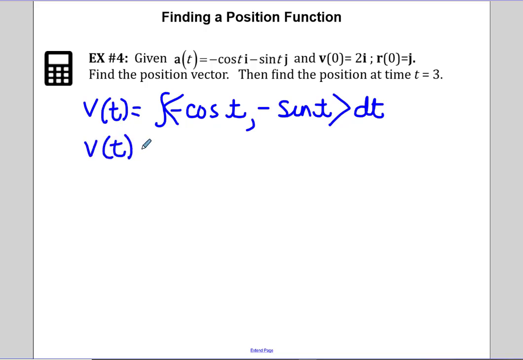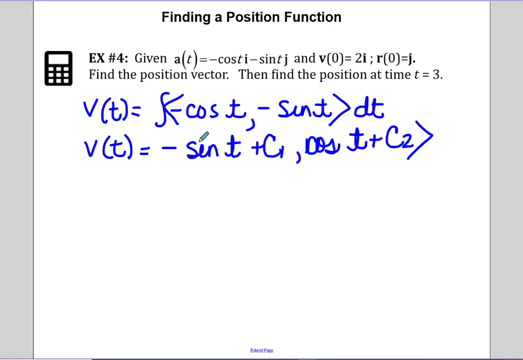And that velocity is going to be negative sine t plus a constant, and then positive cosine t plus a different constant.